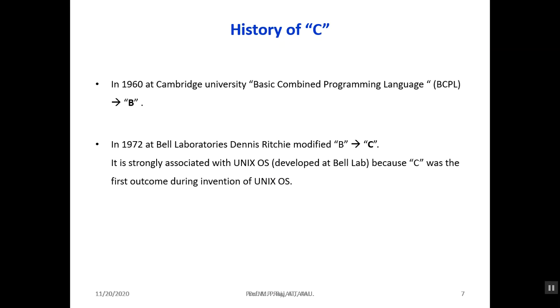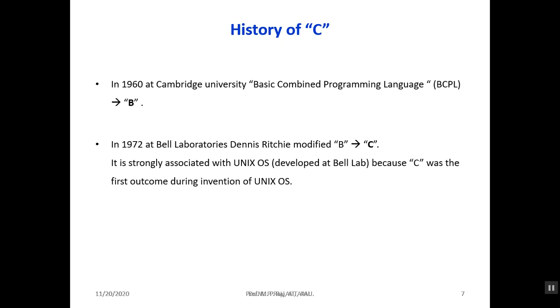All these languages had a specific purpose: COBOL was for business oriented programs, Fortran was for scientific programs, BASIC was for beginners especially. We used to write big programs in BASIC also, but it was not efficient enough to write each and every kind of program. The same was the case for Fortran and COBOL.